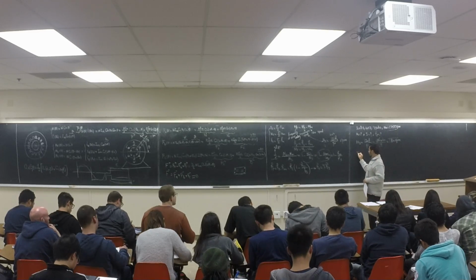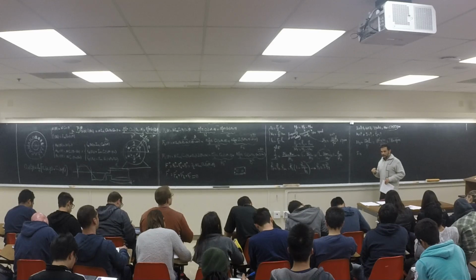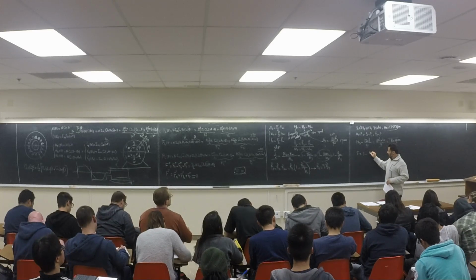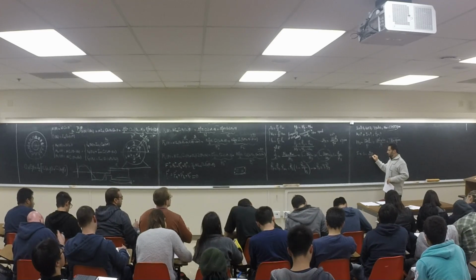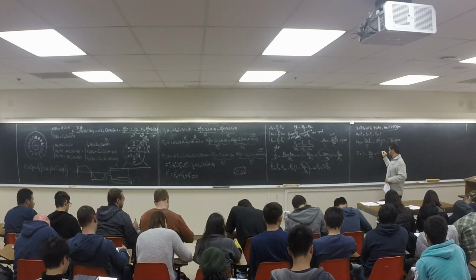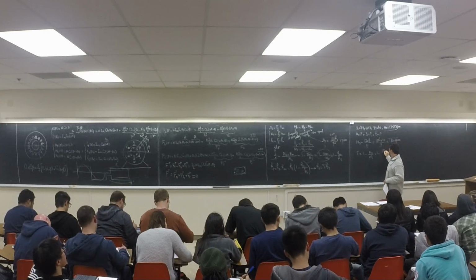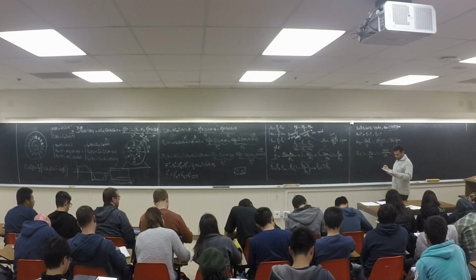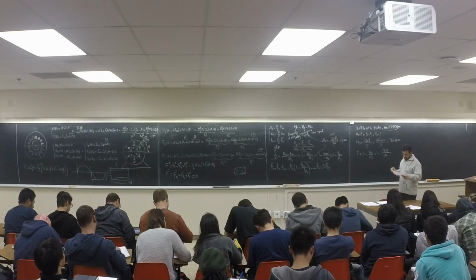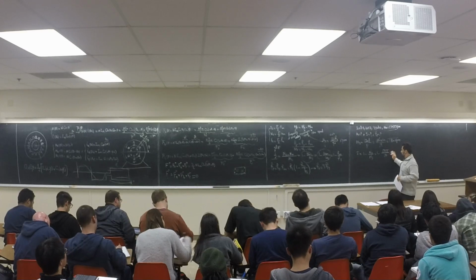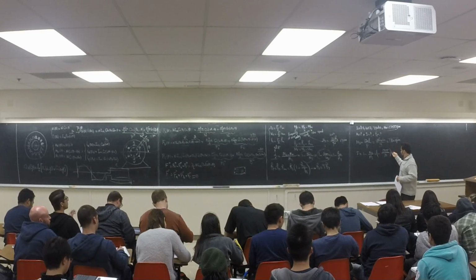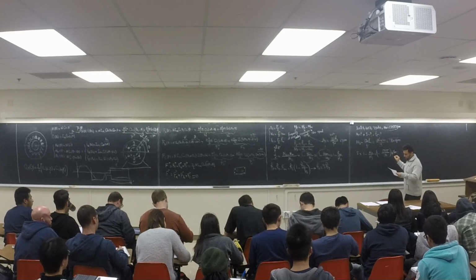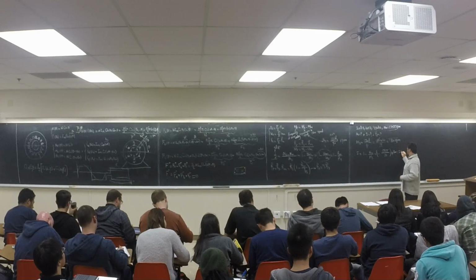How much is s? It's 1 minus nm over ns, right? 1 minus 1755 over 1800. So it's going to be 2.5%.